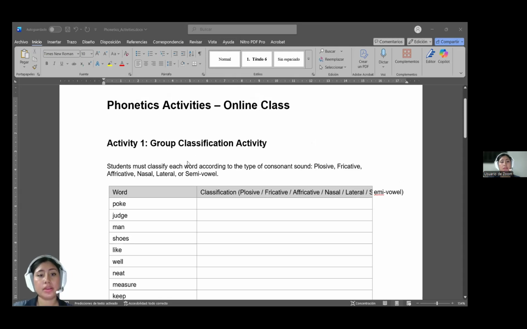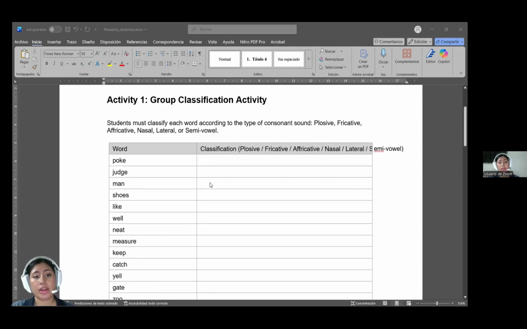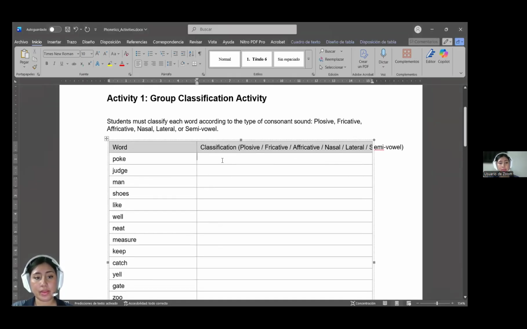All right. So on this first activity, you are going to classify each word according to the type of consonant sound. It can be plosive, fricative, affricative, nasal, lateral, or semi-vowel. For example, the first one is poke.